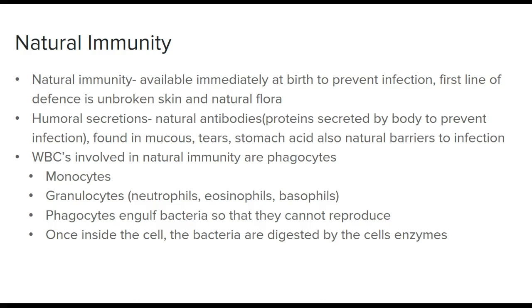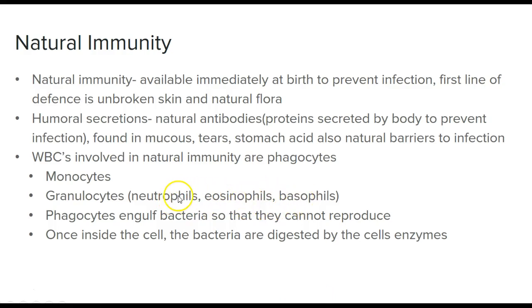WBCs, this is white blood cells. They're involved in natural immunity, and the types that are involved are called phagocytes. And what that means is they eat or engulf bacteria or viruses to try to kill them. And these are monocytes and the granulocytes. And there are three types of granulocytes: neutrophils, eosinophils, and basophils.